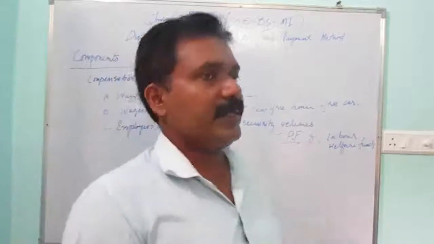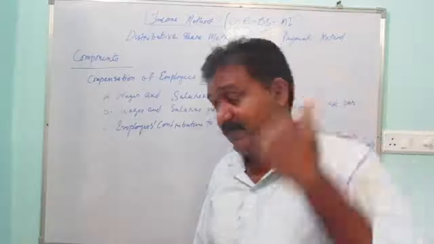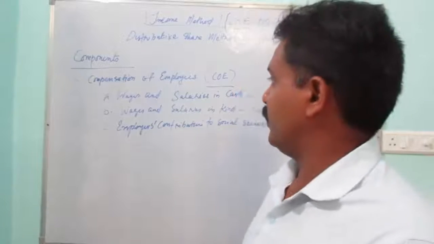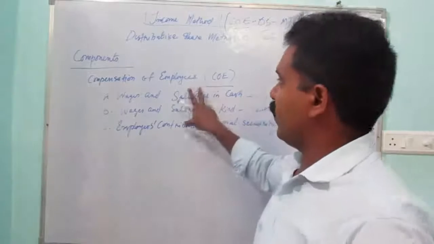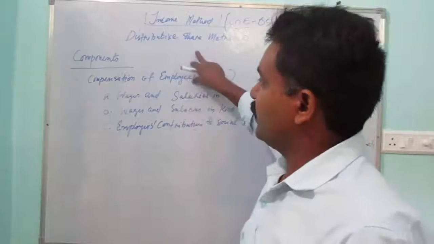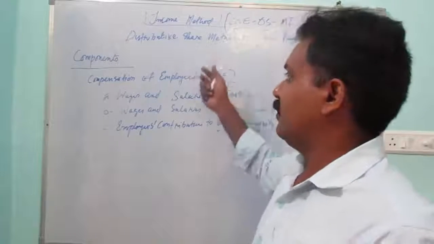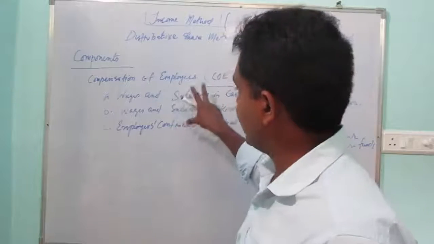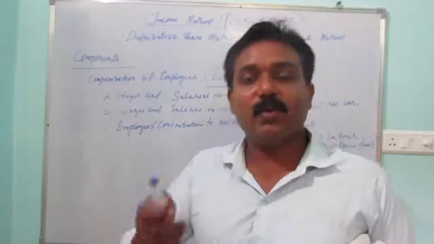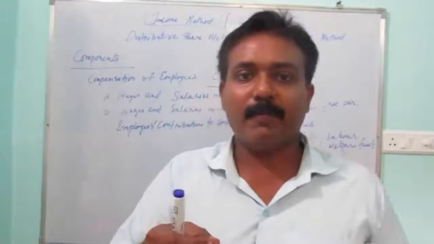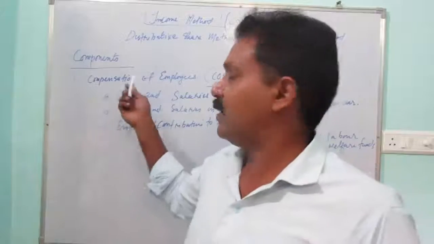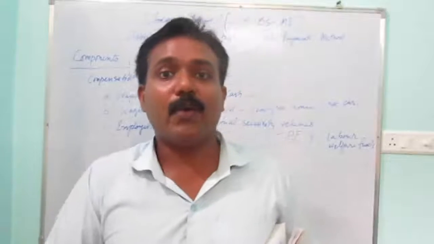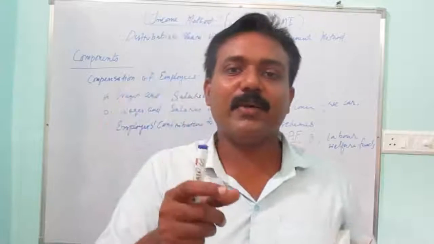Why I give this in detail: I can briefly, just easily, tell all the things very fast, but you need to know this. Many times this problem takes place. If compensation of employees is not directly given, then many students find it difficult. You have to study this by heart. Wages and salaries in cash, wages and salaries in kind, and employers' contribution to social security schemes.